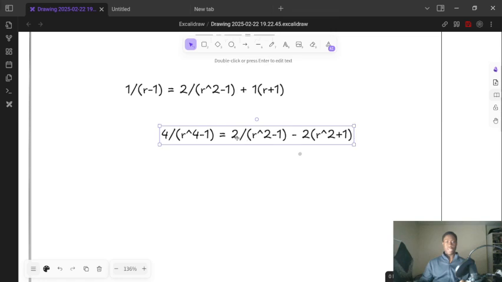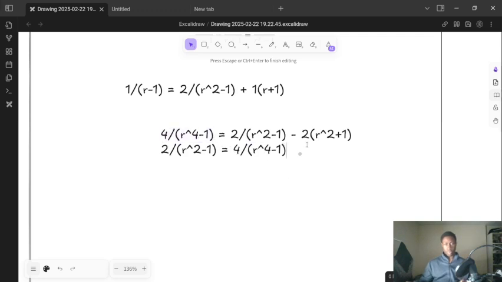Which means that if I rearrange that equality here, I'm going to have this term here equal to, let's just change the sides, and now this is a plus, because all I did was add that to both sides.